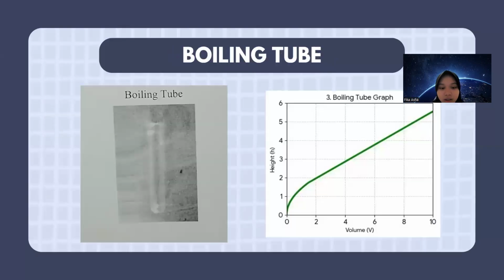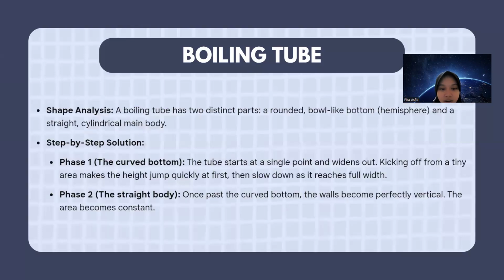And third, we have the boiling tube. This tube has two distinct parts. At the very bottom, it has a rounded hemispherical base. As it fills, this area quickly widens out, causing the height rate to slow down slightly at first.